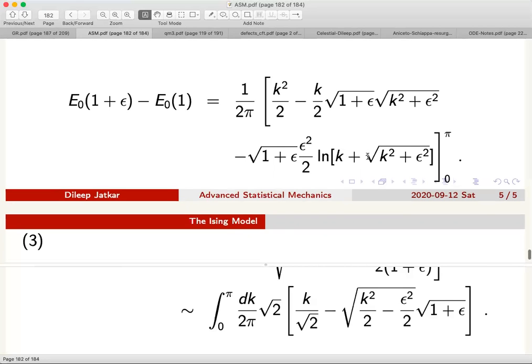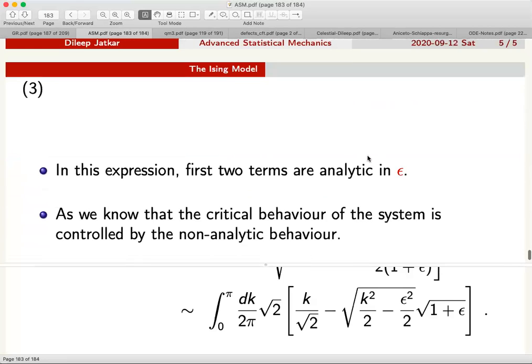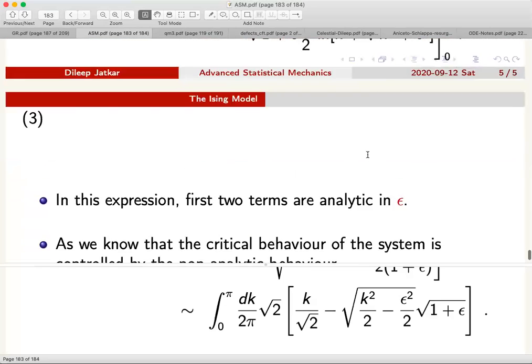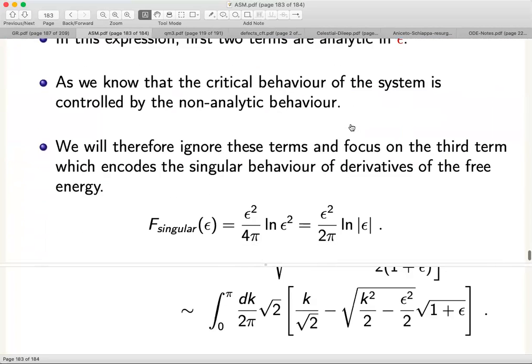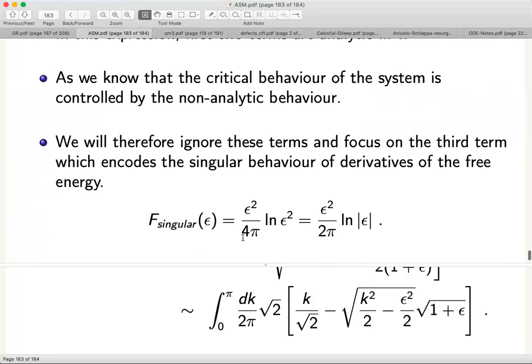Since there's epsilon squared sitting outside, I wrote down the other term also to be log epsilon squared, and added a factor of 2 in the denominator just to get the same behavior. But you could write it in this form if you wish.